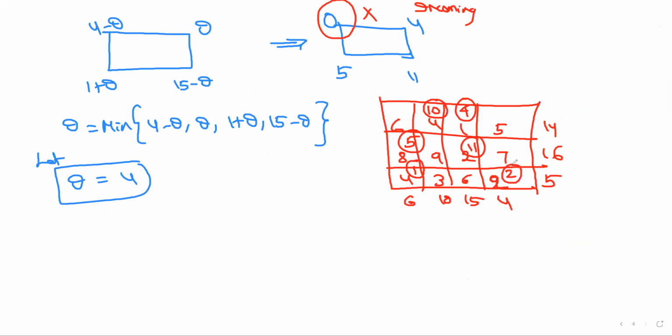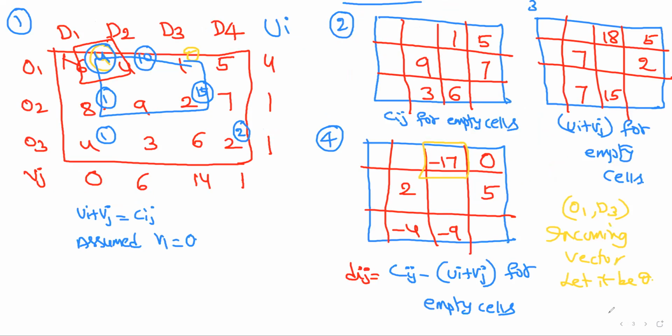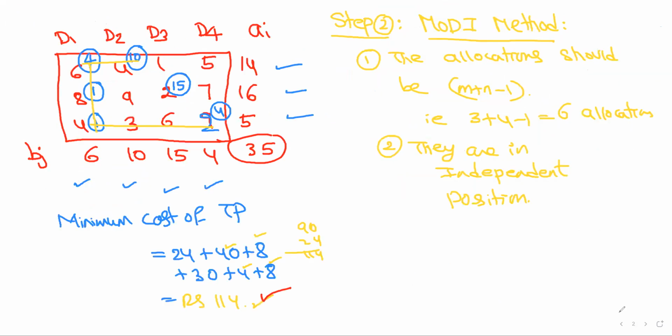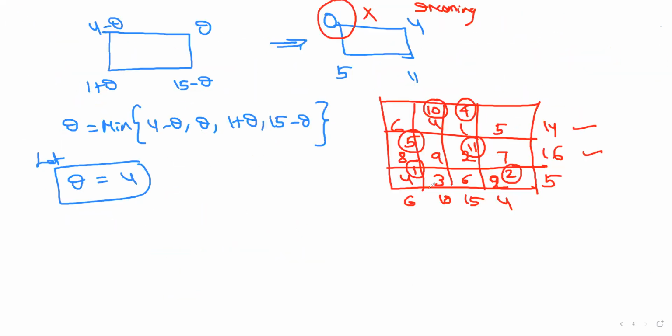For 2, 2. Now, if you have any doubt, do a cross check. 10 plus 4, 14 correct. 11 plus 5, 16 correct. 1 plus 2 plus 1, 3, you have to get one more, you have to get 5.